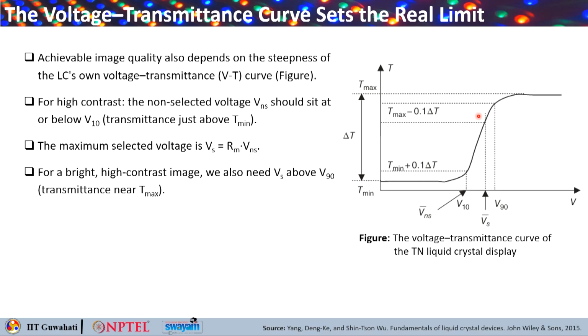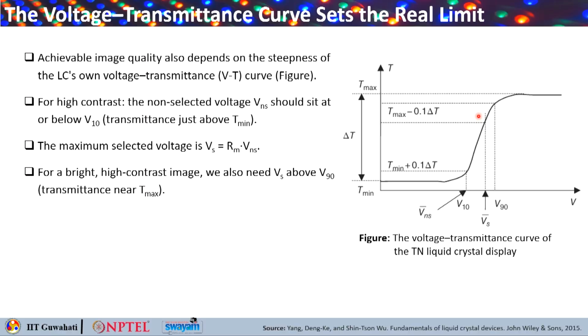Normally a gentle or gradual curve needs a much bigger voltage swing to go from 10% to 90% than a steep one. And if Rm times Vns can't reach this V90, then the bright state comes out dim and the image will look washed out.